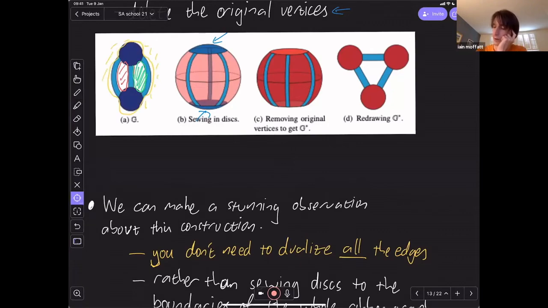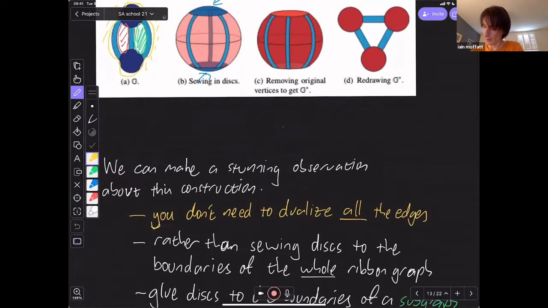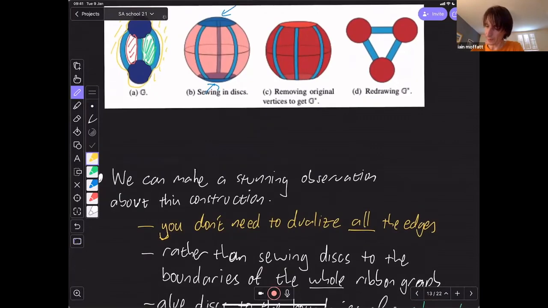But my observation is that I don't actually need to use the whole of the ribbon graph. So rather than attaching boundaries to each edge, what I could do is choose some subgraph of it, such as this one in red, and then just glue the faces to the boundaries of the subgraph, like so.